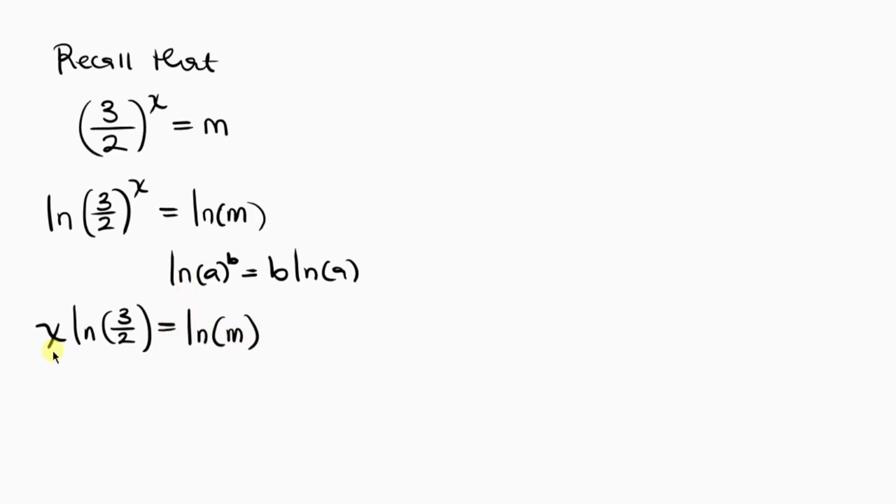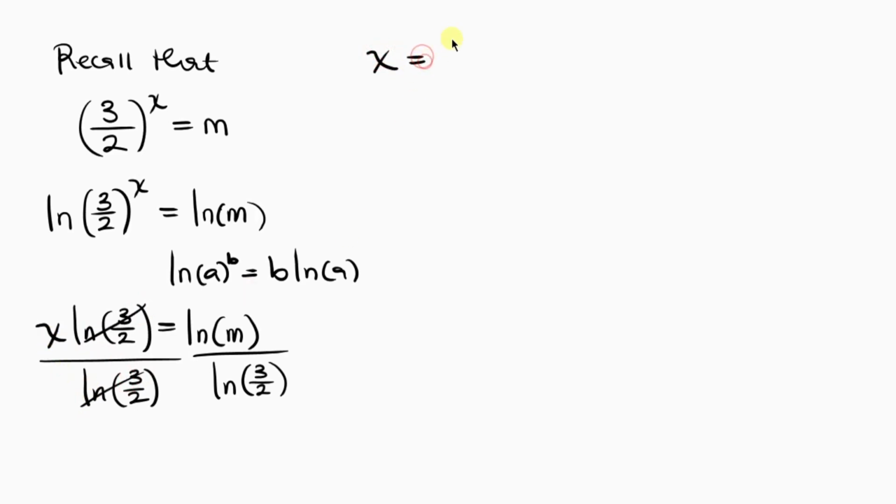Now, in order for me to get x, I need to divide both sides by ln of 3 over 2. I'll also divide the right hand side by ln of 3 over 2. Now, this can cancel this, leaving behind x equal to ln of m all over ln of 3 over 2.